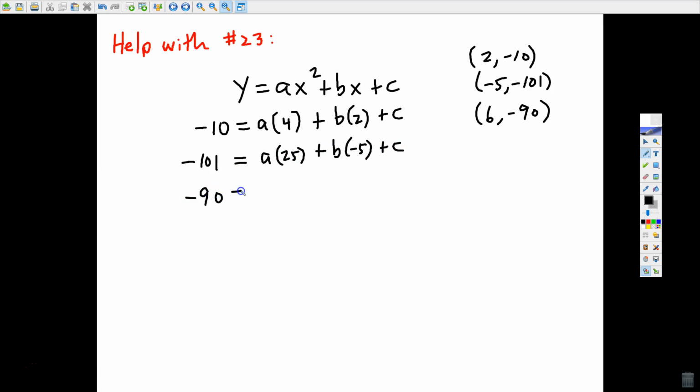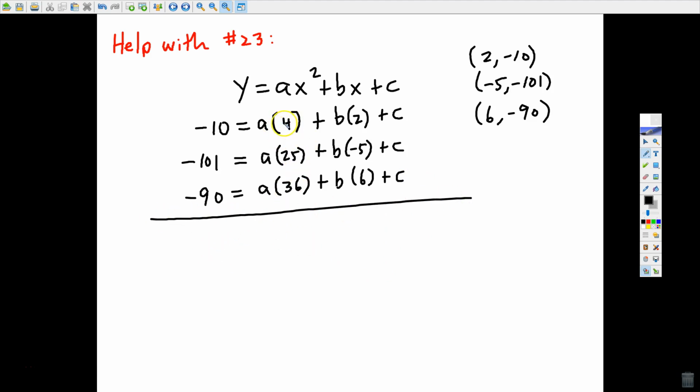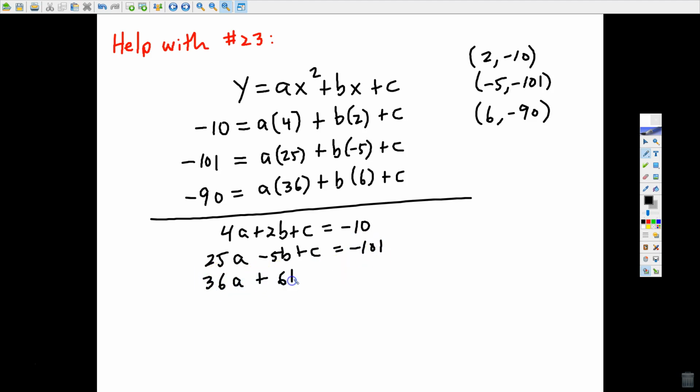Negative 90 equals A times 36 plus B times 6 plus C. So to turn that around, the system really that you're going to be solving is, we'll just write it the way we typically look at it. 4A plus 2B plus C is negative 10. 25A minus 5B plus C is negative 101. 36A plus 6B plus C is negative 90.